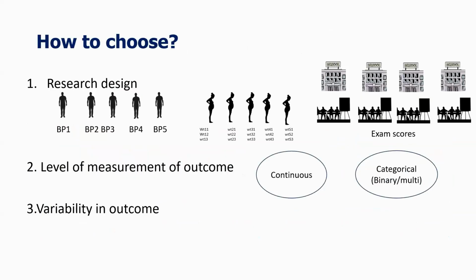So how do we choose from the various regression models that are available to us? There are several criteria, and one of the primary criteria to start looking at a choice of regression models is research design.